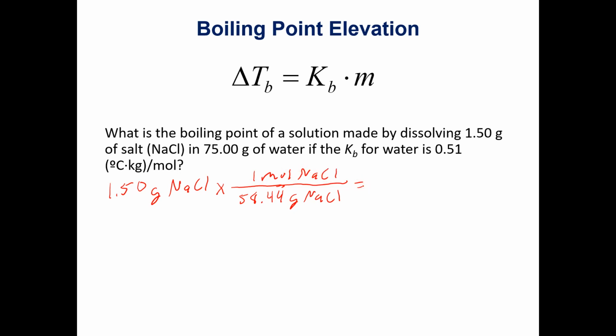So if we take 1.50 divided by 58.44, we come out with 0.0257 moles of sodium chloride. And then we need the kilograms of water. So we have 75 grams of water, and we know that there are 1,000 grams per kilogram.